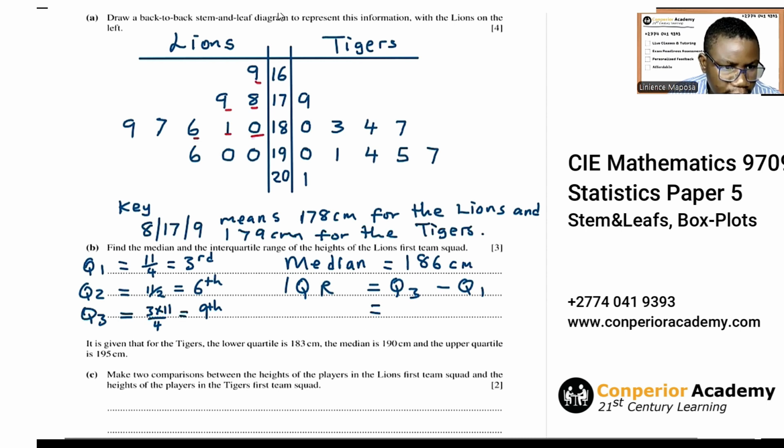So if this was the 6th value, that means I have 6, 7, 8, 9. So 190 minus the third value. The third value is 179. What is 190 minus 179? I need a calculator for that. 11. Okay, so this is your interquartile range.